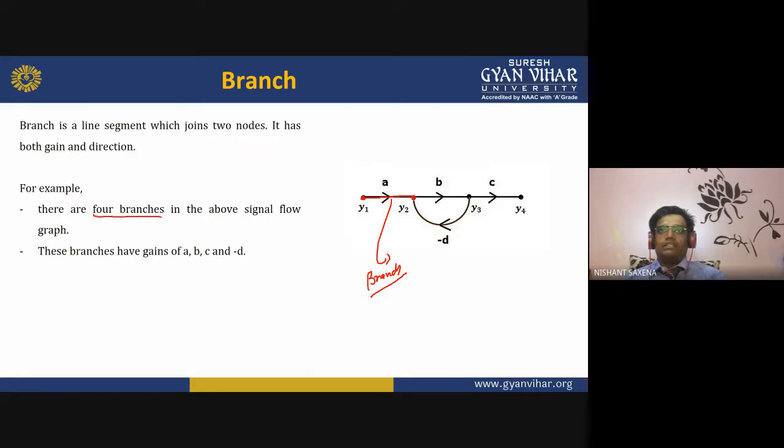There are 4 branches: branch A, branch B, branch C, and one feedback branch, that is branch D. So there are branches having different gains. The gains are defined by A, B, C, and this is D. Is this clear to you all, how we are defining the branches and the nodes? Now let's move further.